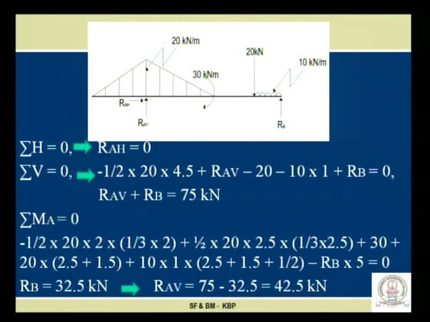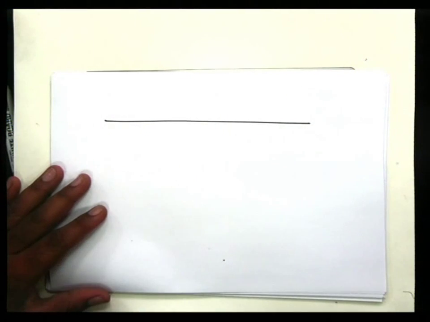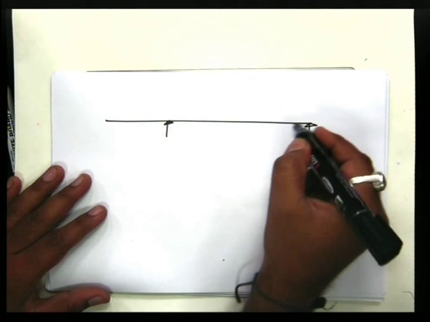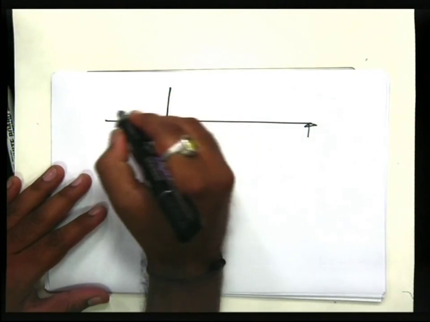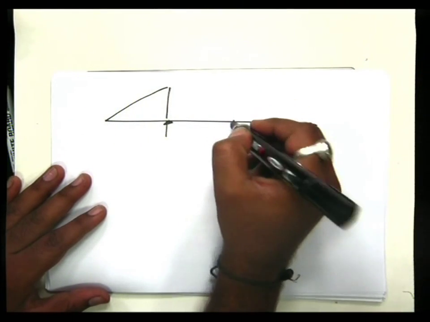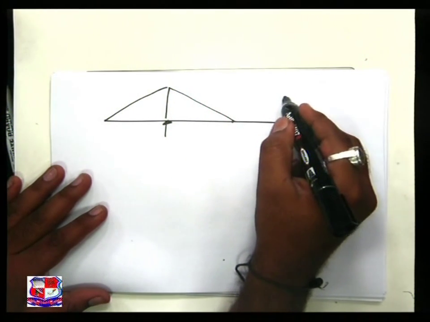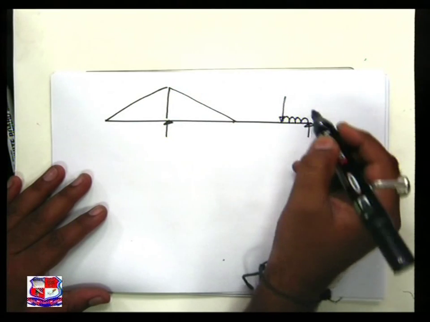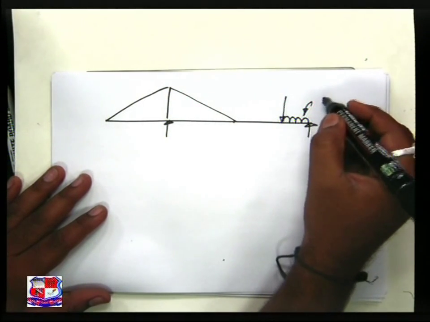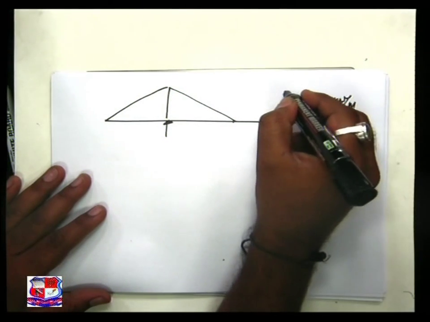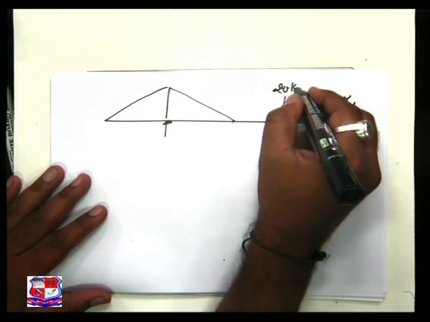The given beam: the value of UDL is 10 kilonewton per meter, and the point load value is 20 kilonewton.